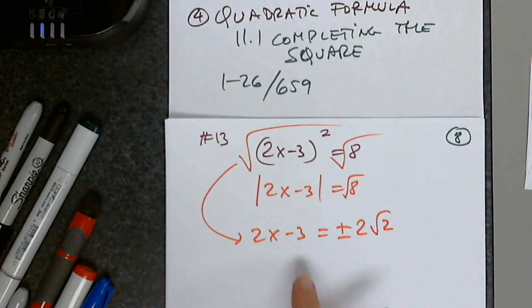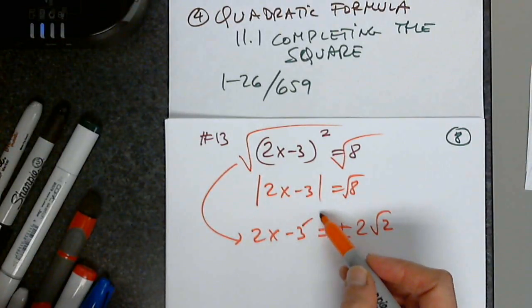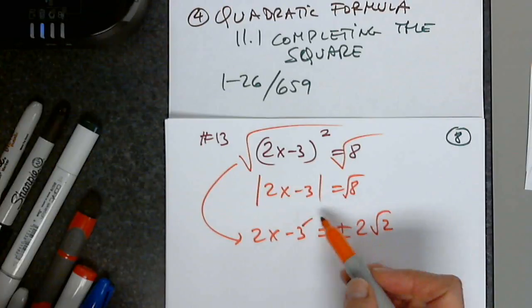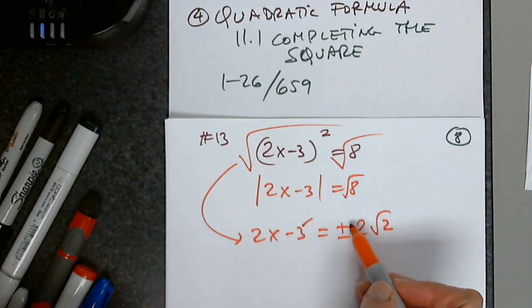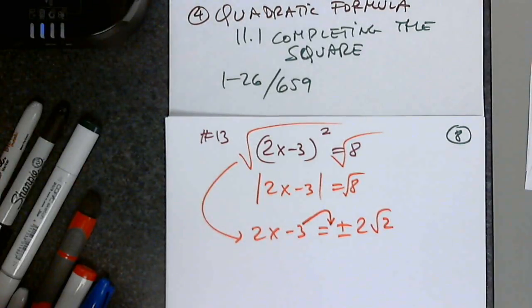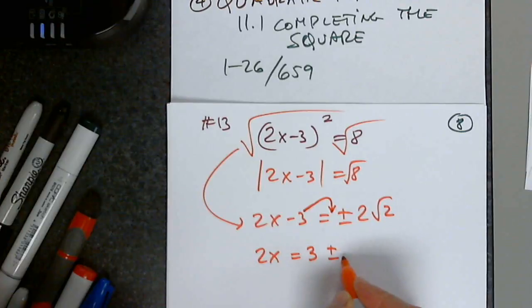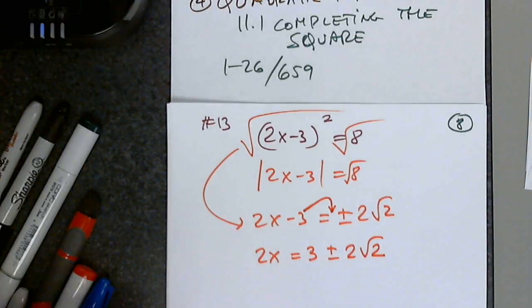Then the next step is I have to move 3. Please be careful. You cannot move 3 between the plus or minus and 2. You have to move 3 right here after the equal symbol. So 2x equals 3 plus or minus 2, the square root of 2.